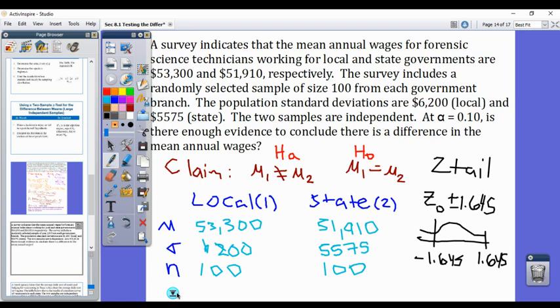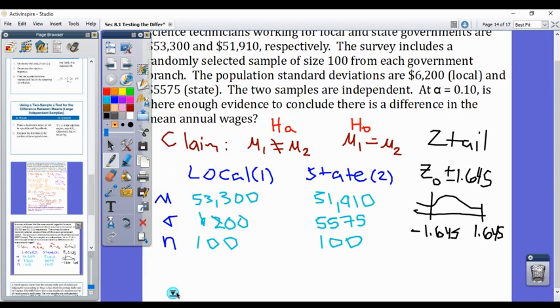Okay. So now that we have that, we're going to find our standard error. Trying to give myself a little bit more room to write. All right, so let's see. Find our standard error.